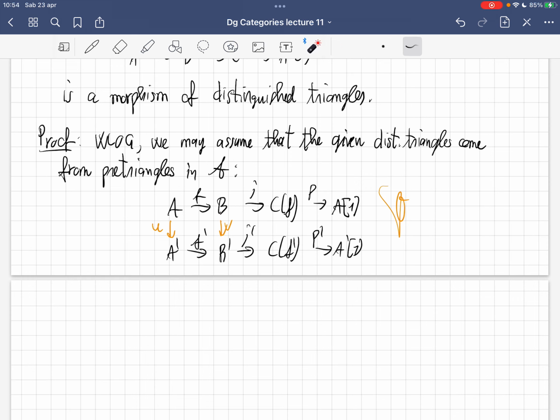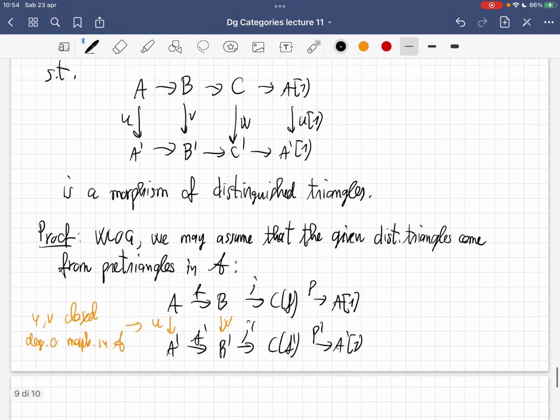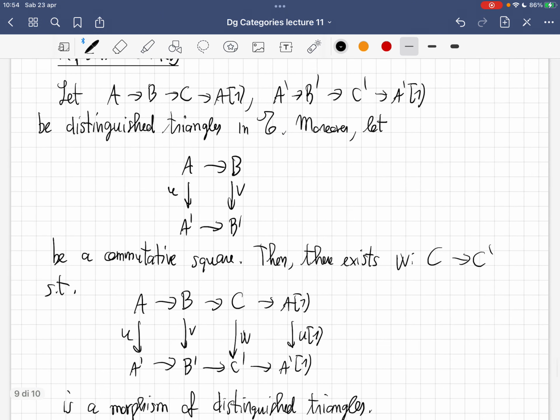So our U and V here, this is a little abuse of notation, forgive me. This U and V are actual closed degree 0 morphisms in A, but the assumption is that the square is commutative in T.